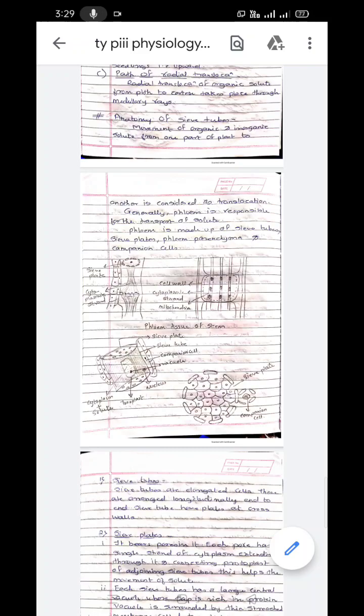The cell also has a nucleus. You have to see the single cell sieve plates. These sieve plates are interrupted by pores, and at one side there is the attachment of the companion cells.